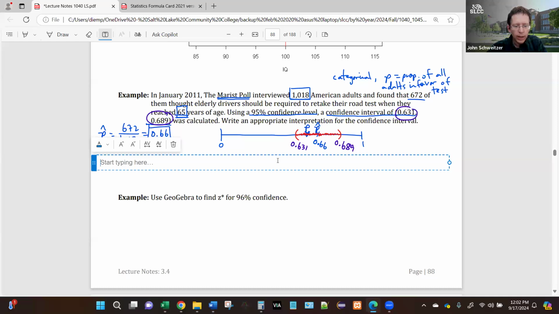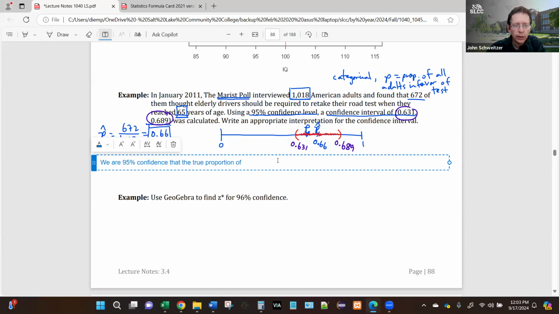We state the level of confidence. So we're 95% confident that the true proportion of, and this is where if you want to lose all of your points, you talk about the sample. If you say that the true proportion of the 1,018 who are in favor of the test, then you lose all of your points.